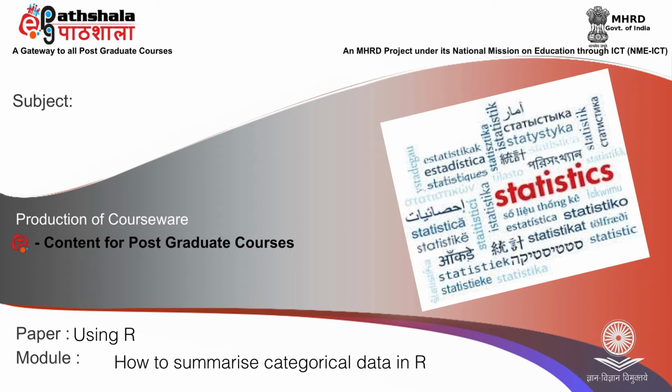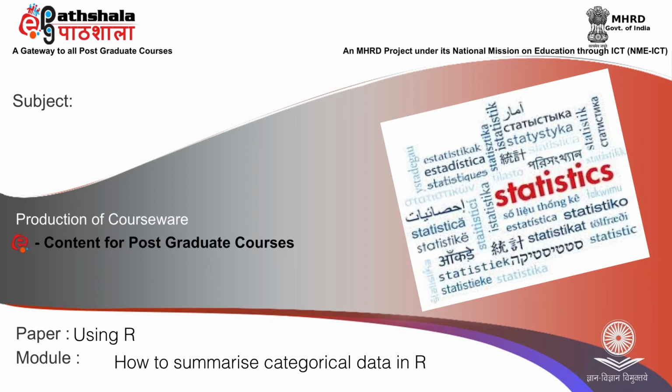Categorical variables are those variables which have individual levels that are distinct from each other. An easy example is gender. Gender has two levels, male and female, and these are complete by themselves, and these are exclusive of each other.